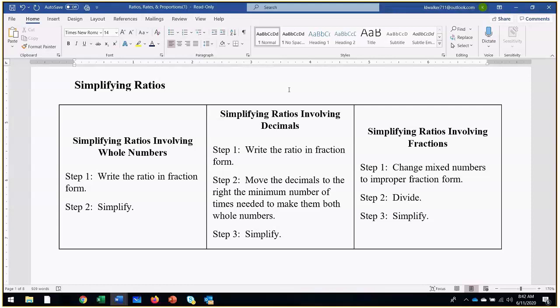So if you have a ratio that has whole numbers, you're going to treat it like a regular fraction. You're going to put your ratio in fraction form and then simplify it like we did in the last chapter. But with decimals and fractions, then we got to do a little bit more work. So when we get to those with the practice problems, I'm going to go through the steps with that.